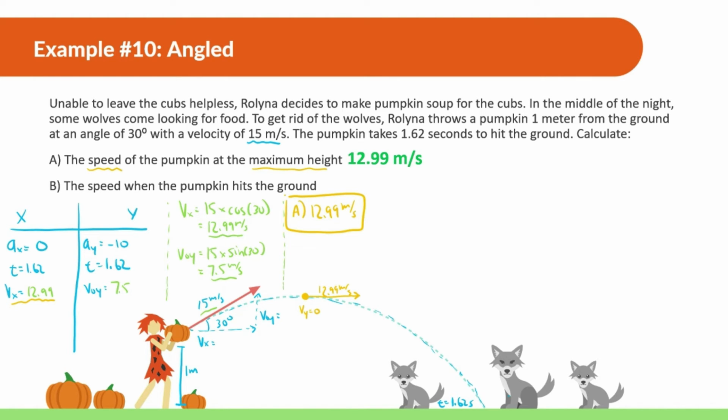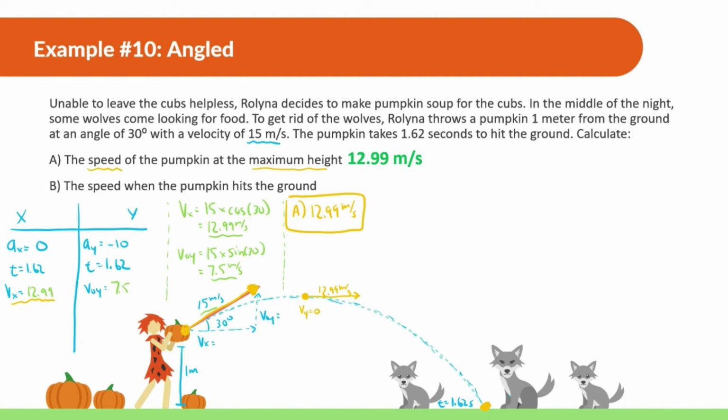Great. But now we want to know what is the speed of the pumpkin when it hits the ground down here. So you may be thinking, oh, well, it was thrown at 15 meters per second. Shouldn't it be the same at the beginning and the end? And that's a good thought. However, the reason that's not the case is because it's not thrown from the ground.